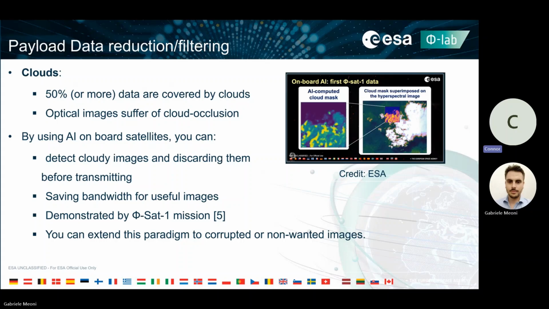It was the first mission using a commercial AI processor for doing deep learning inference on board. And indeed, the use case was cloud detection. So with AI, you can create a cloud mask, count how many pixels you have over the entire acquisition that are cloud cover, and then you can decide whether to keep the imagery or not.